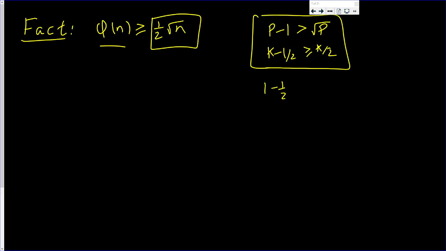After all, 1 minus a half, which is a half, is equal to, k is 1, 1 over 2. So we have equality when k is 1. But as long as k is at least 1, k minus a half is bigger than k over 2.